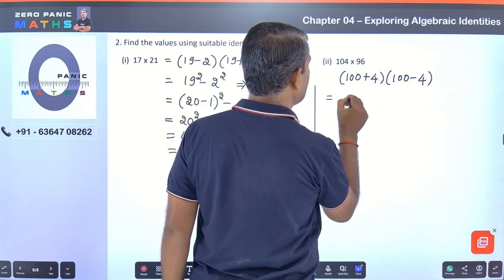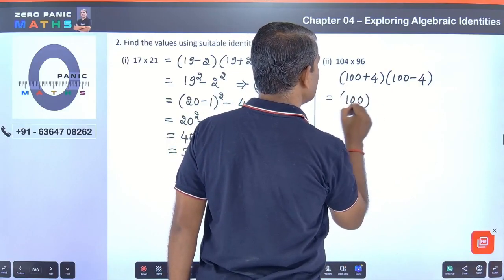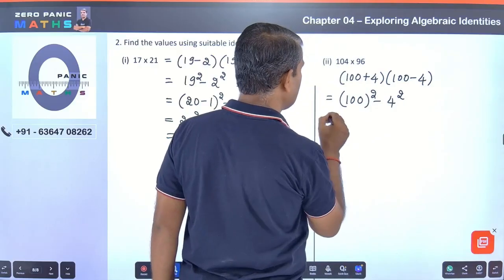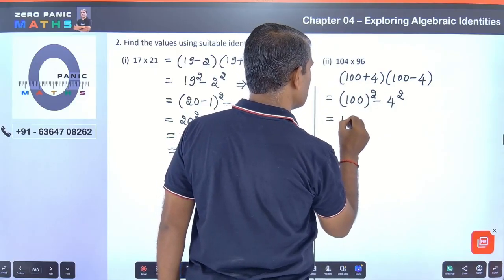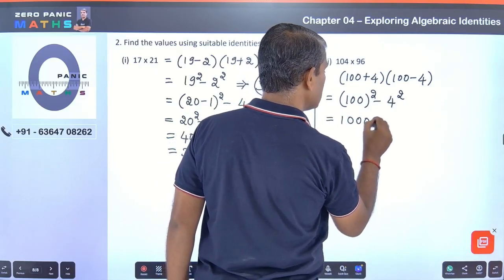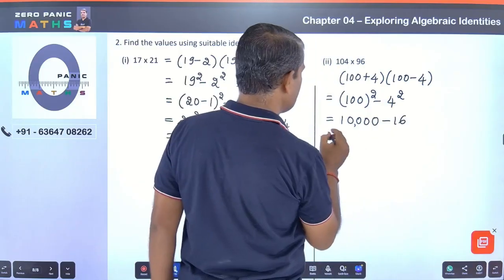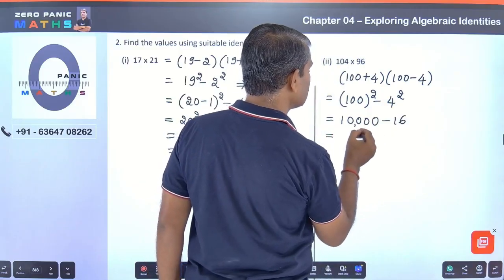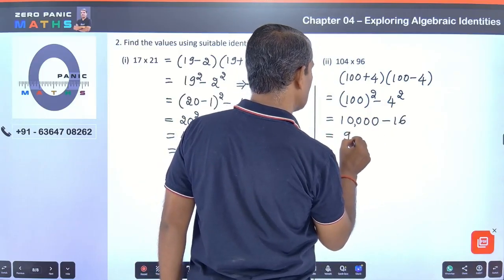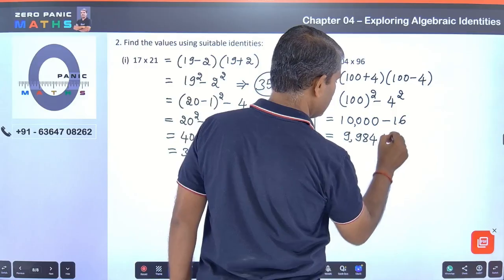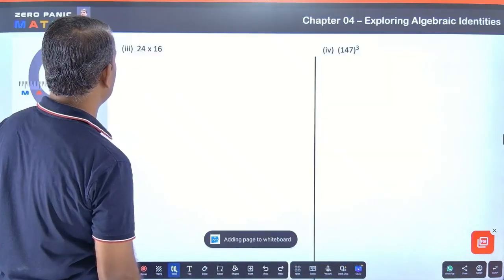So I can write this as 100 square minus 4 square. It is a square minus b square. 100 square is 1 followed by 4 zeros, that is 10,000, minus 16. So it is 9,984. That's a simple answer to that product.